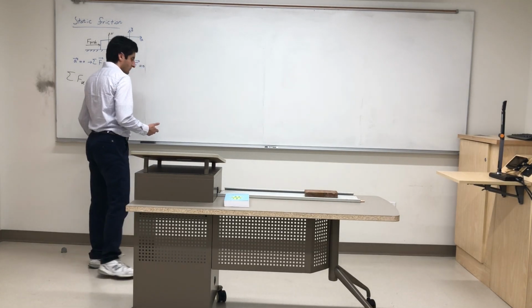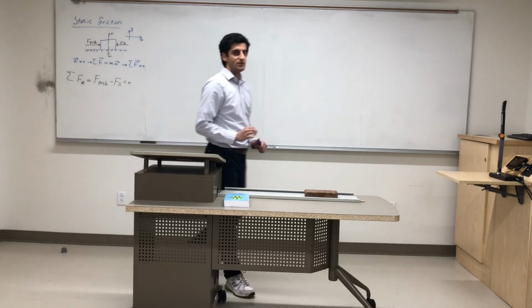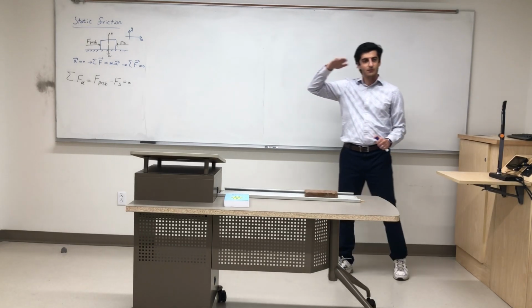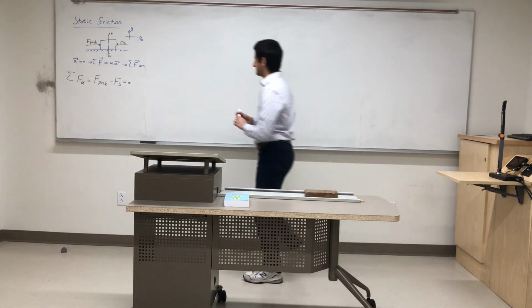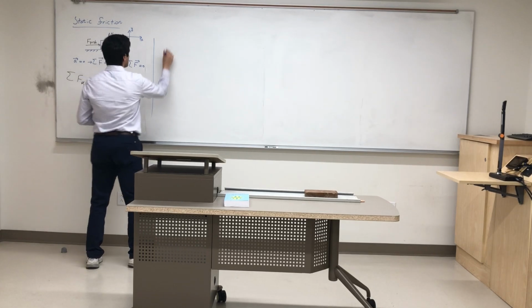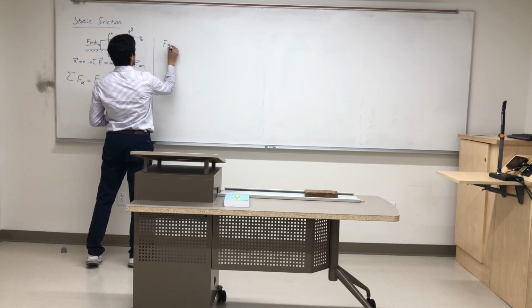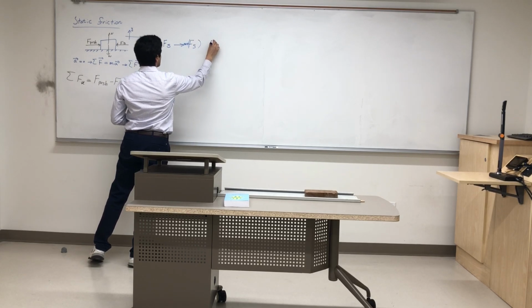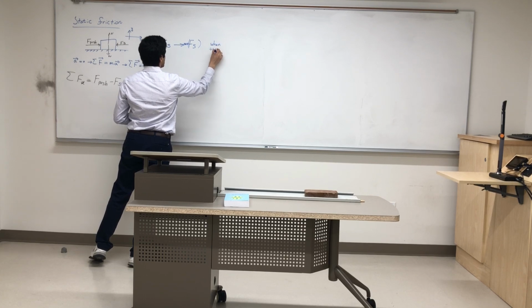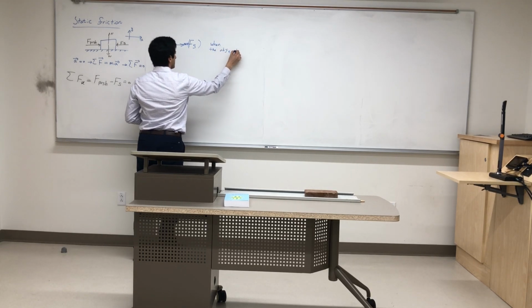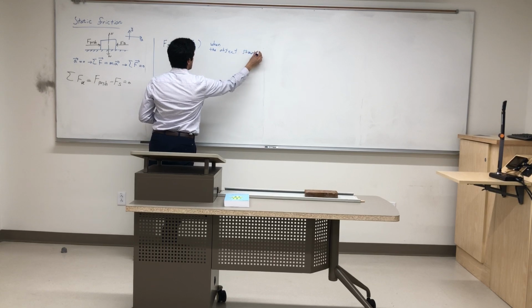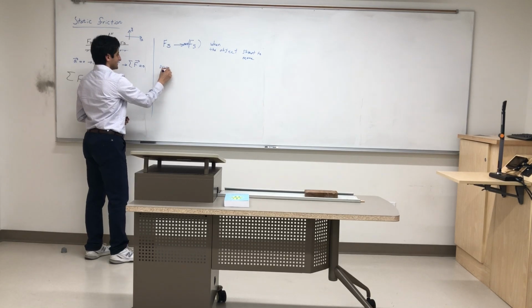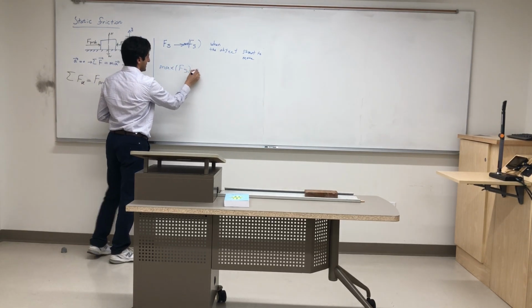So a static friction has an upper boundary, has a maximum, when the object starts to move.